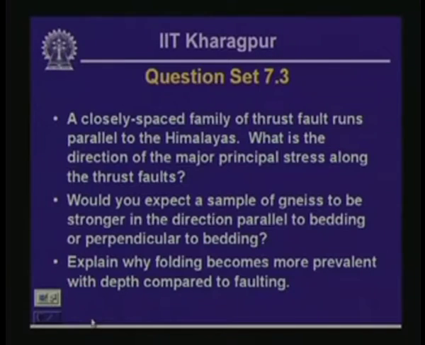All these reasons point towards the fact that we get brittle behavior when we consider an element near the surface, and because brittle behavior leads to faulting, and ductile behavior on the other hand leads to folding rather than faulting, we get more faulting near the surface of the earth, and the amount of faulting becomes less and less prevalent as the depth becomes more and more.